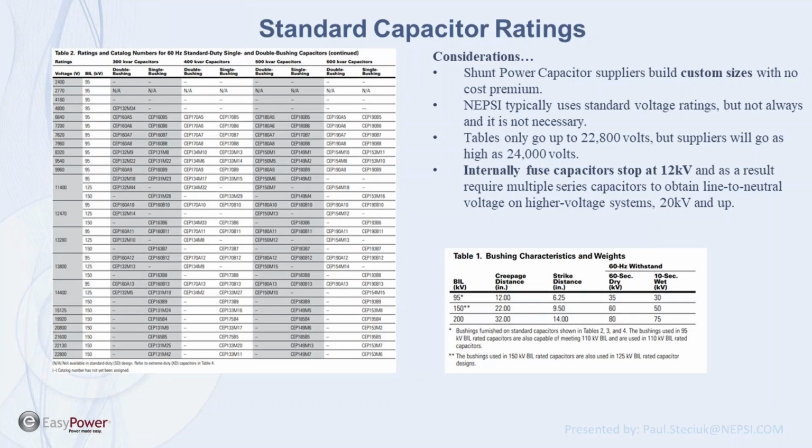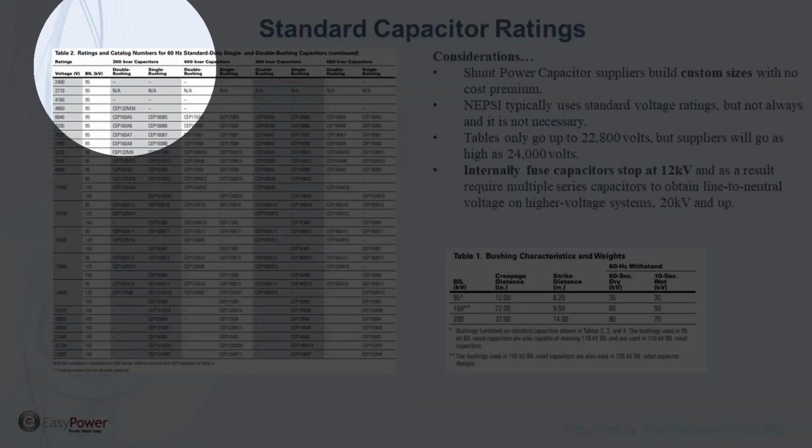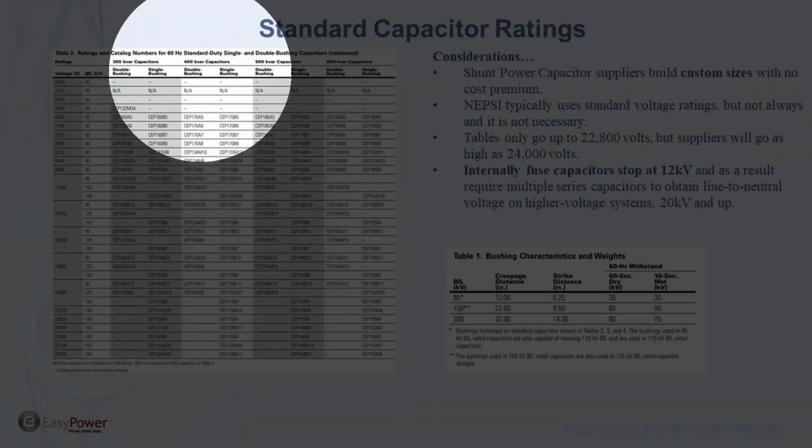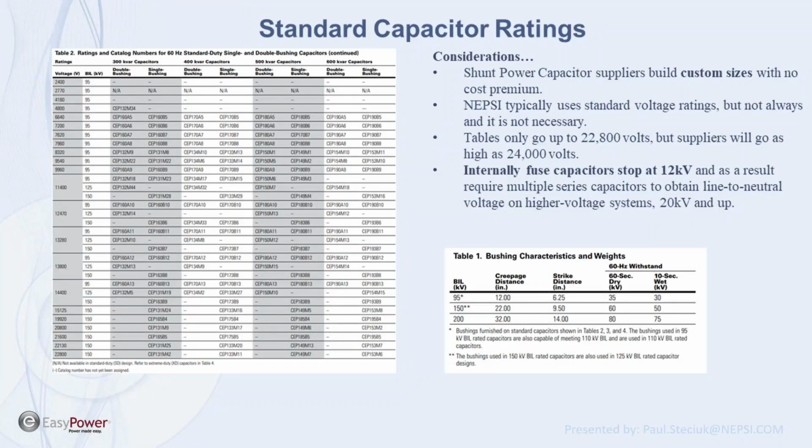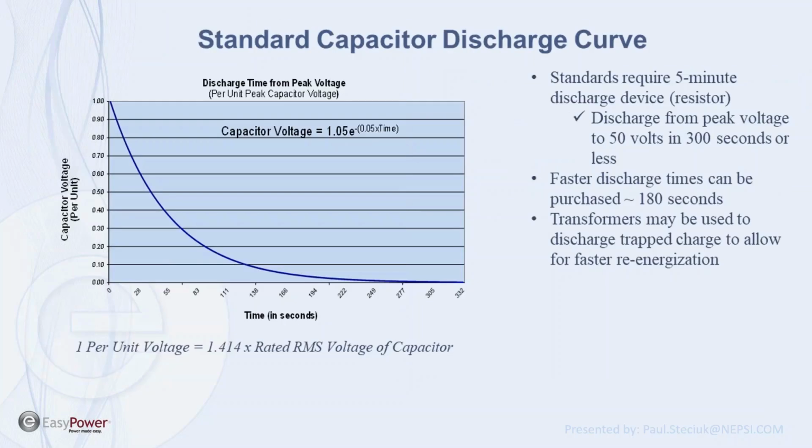They're going to charge you for the capacitance that they put into it. Buying a special capacitor does not mean that you're going to pay a higher price for it. You basically pay a pretty competitive price. A 350 kVAR capacitor will have a cost that's in between the cost of a 300 and a 400 kVAR standard capacitor rating. So pick the capacitor rating based upon what you need for your design.